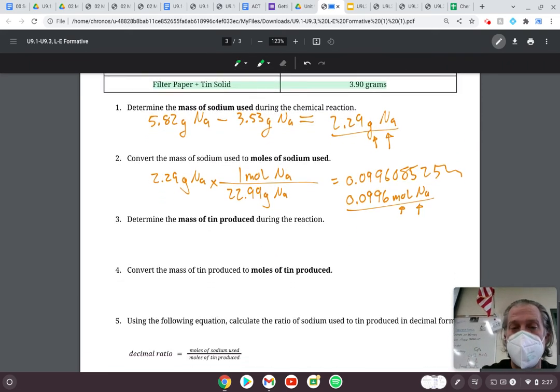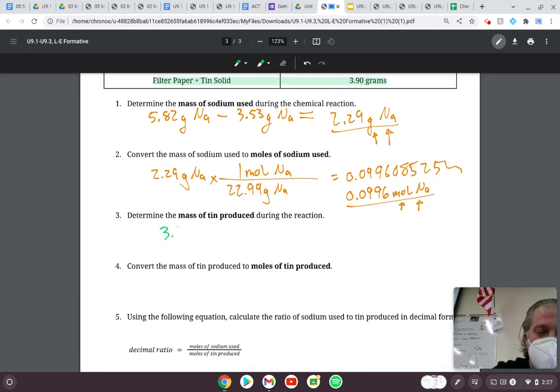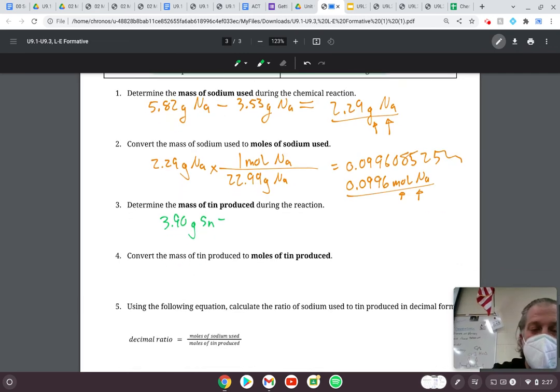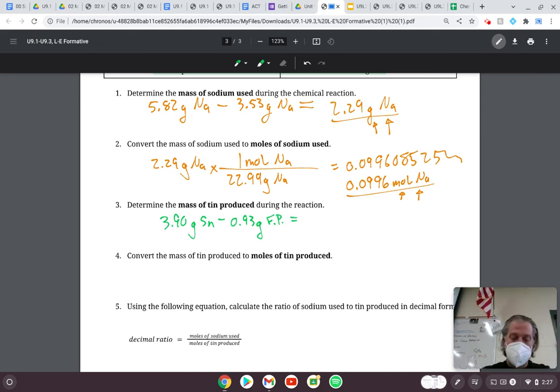We're going to take the 3.90 grams of tin minus the 0.93 grams of the filter paper, which I'm just going to throw like that. So 3.90 minus 0.93 gives me something like 2.97 grams of Sn, and yep, label, unit. Got to have it, got to have it, got to have it.